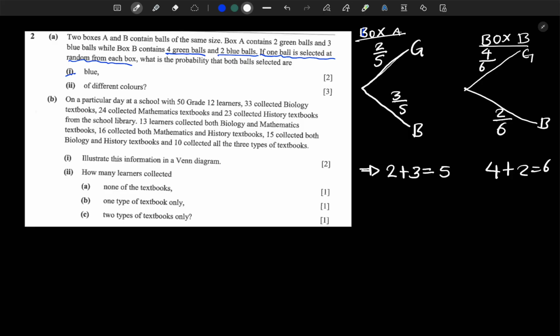Now let's go to the first question. We are told that both balls selected are blue.